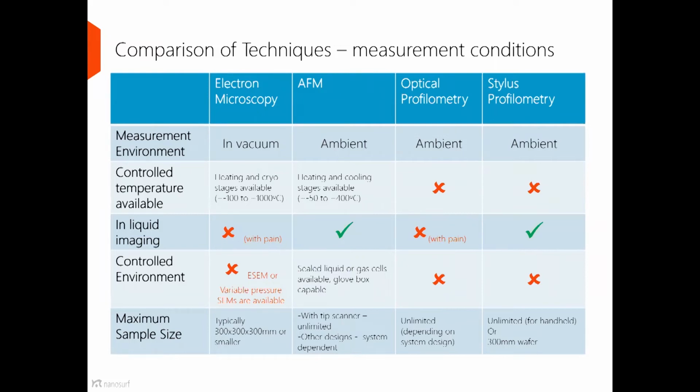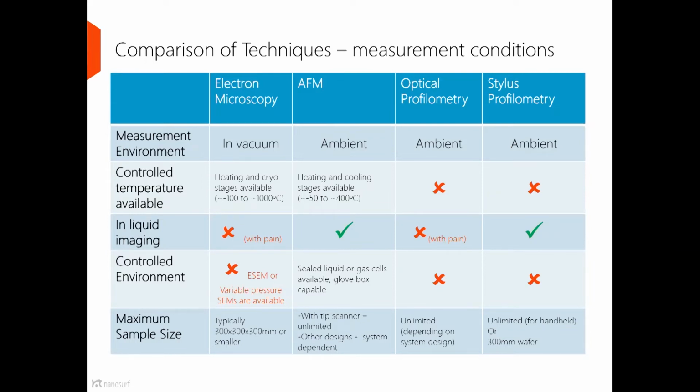Can we replace the environment around our measurements? That's something that AFM actually excels at. It's very easy to put an AFM in a glove box, or have a sealed cell where your AFM measurement is occurring inside a cell on the sample, with atmosphere otherwise.